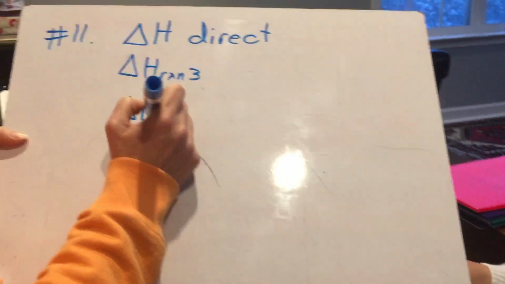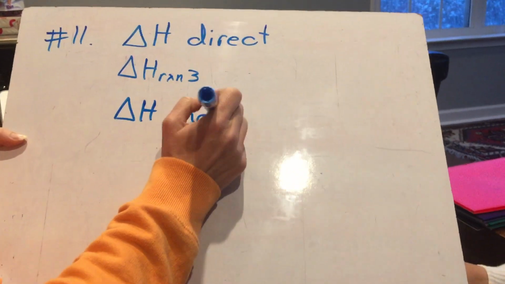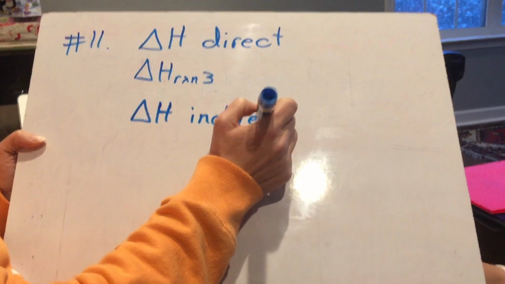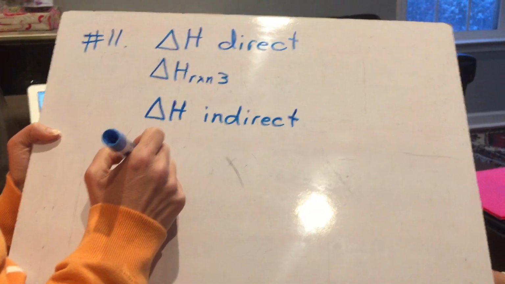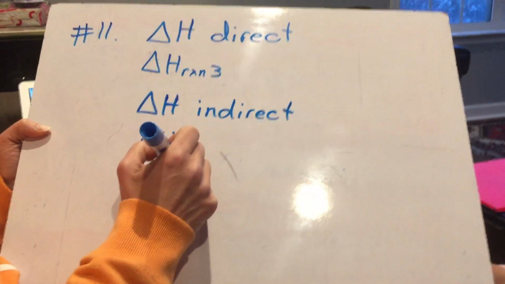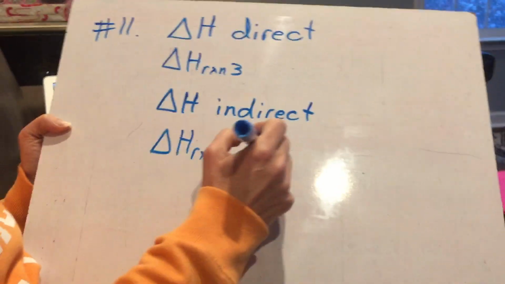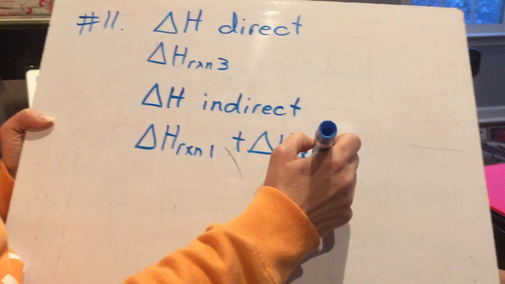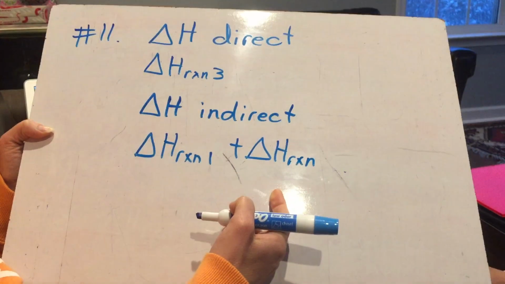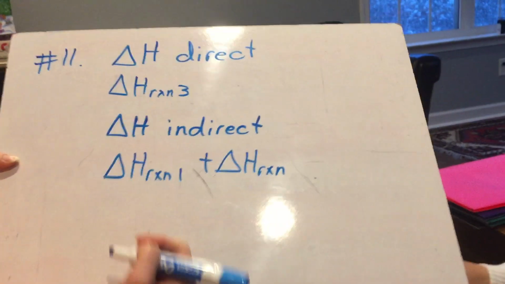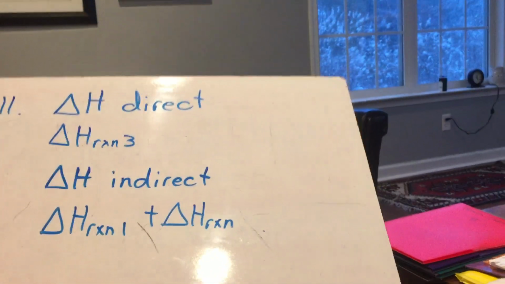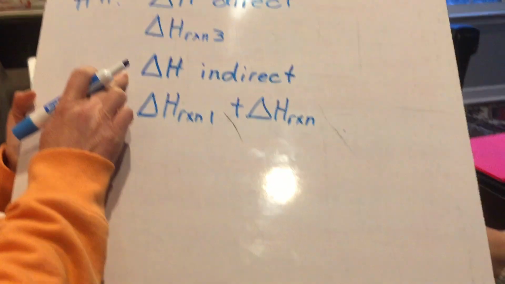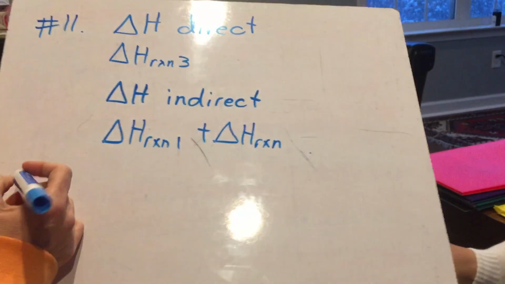And calculating delta H indirectly is how you're going to take delta H of reaction 1 plus delta H of reaction 2. Now we know that in theory these should equal delta H of reaction 3. But this is our indirect method and this is our direct method.